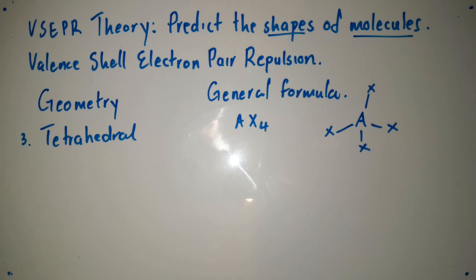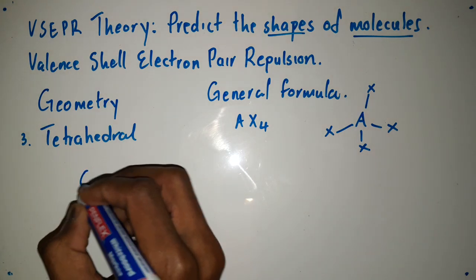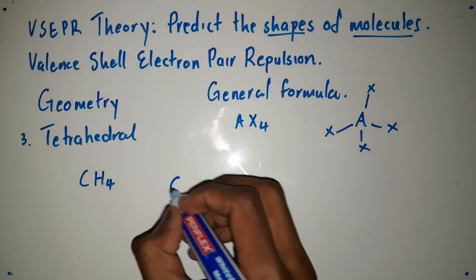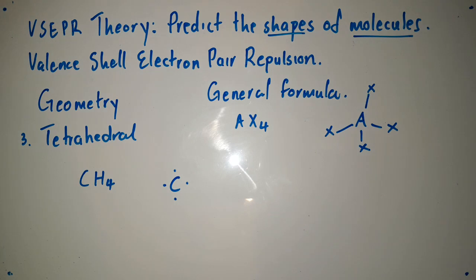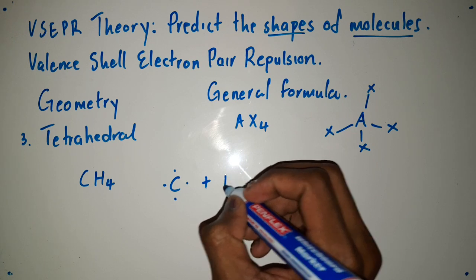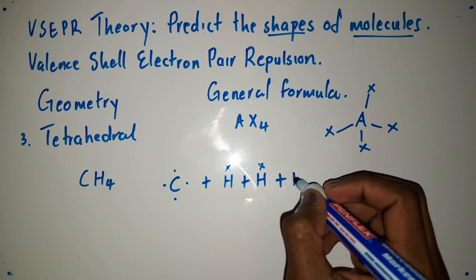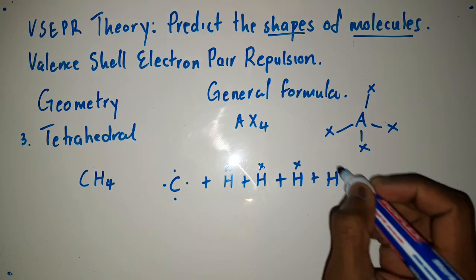Then now, an example that I can give to this one is methane, like this. We know that the Lewis dot for carbon is like this. It's so simple because it is situated in group number 14 with 4 electrons in the outermost energy level. Then I have 4 H's, hydrogen the first one, the second one, the third one, the fourth one.